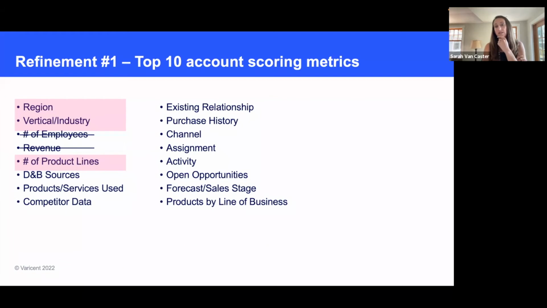Something that we'll also get into as one of the best practices as we wrap, and not really a focus of today, is that in addition to scoring your accounts, you can also do seller scoring as well and rank and evaluate your sellers with their strengths.